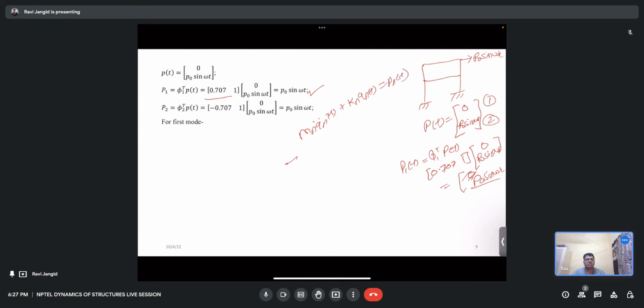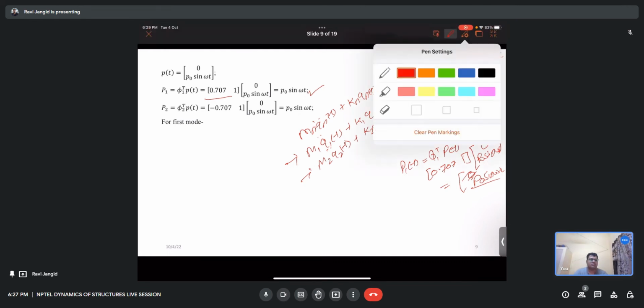So I have two equations: m1 q1 double dot t, k1 q1t is equal to P1t. And another equation is m2 q2 double dot t, k2 q2t is equal to P2t. These two equations I have, so I can calculate q1 and q2 one by one.